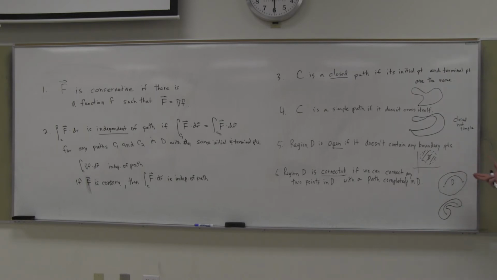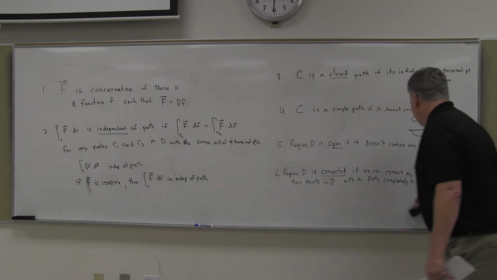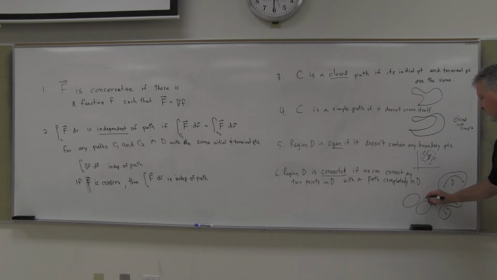Where you would not have connected would be like if D is a donut, or something, with a hole in it. Actually, it doesn't have to have a hole in it. So let's say that's region D, where you've got two parts.